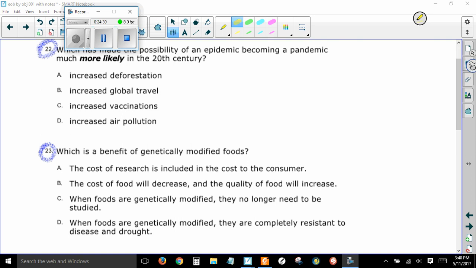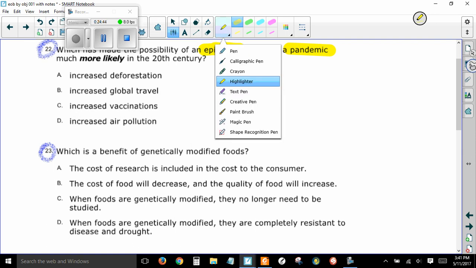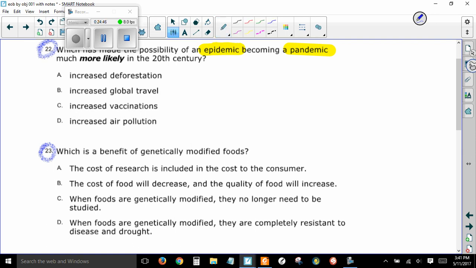All right, which has made the possibility of an epidemic, so that's a key word, becoming a pandemic much more likely in the 21st century. So first, we need to go back and think a little bit. An epidemic is an outbreak in an area, and a pandemic is an outbreak that crosses borders.